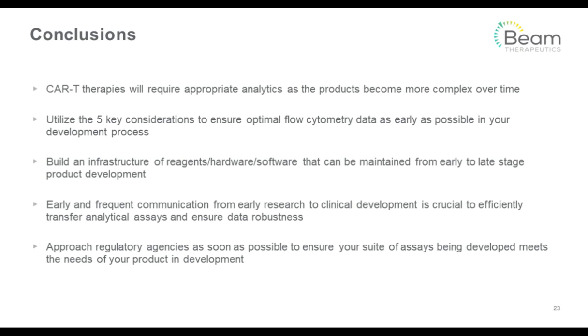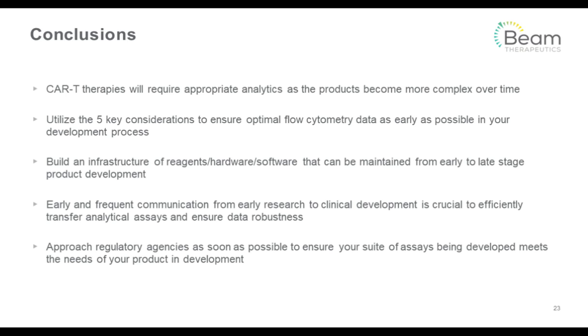That's a great question. I think this really requires a conversation from every group that's involved in the development workflow. So if you're in an early research group, bring in your analytical teams to see if there's a way to choose one brand or company or infrastructure that works for you in later stage development needs.